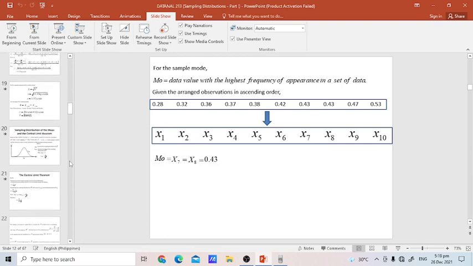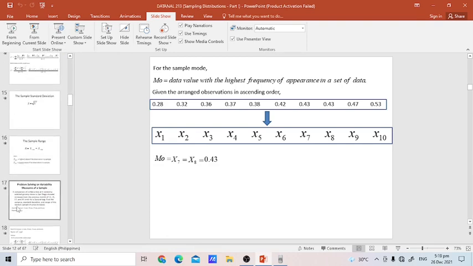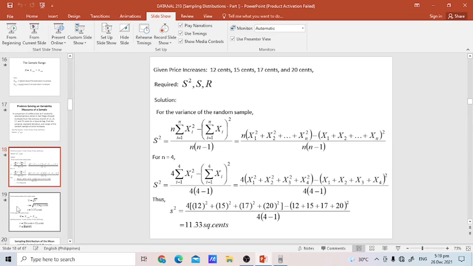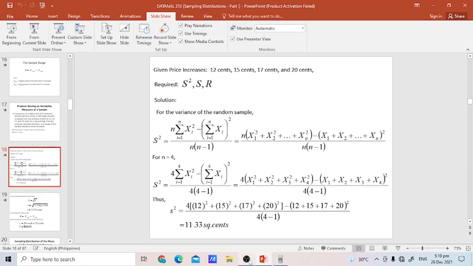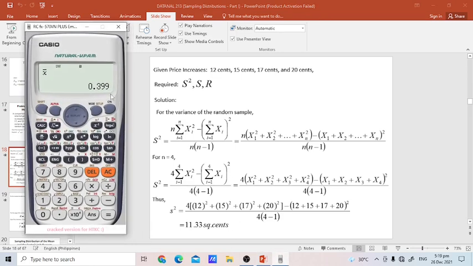So let me show you how to use the calculator for finding the standard deviation. For the standard deviation, we have 12 cents. Shift 1, data.